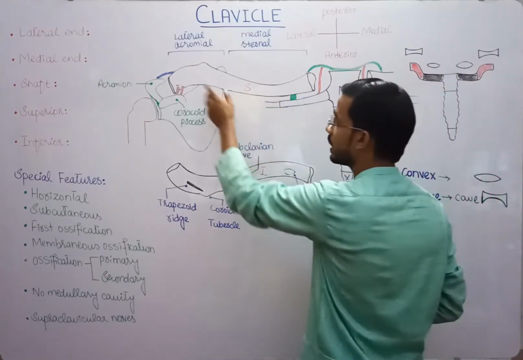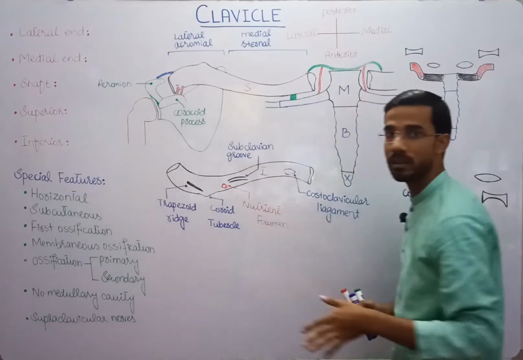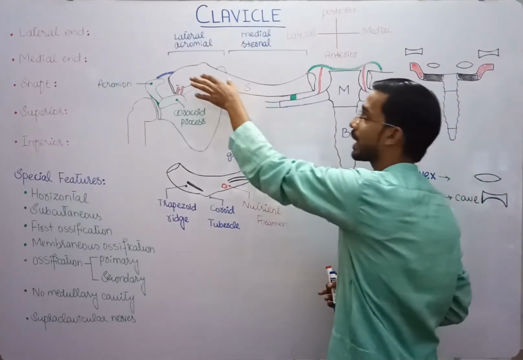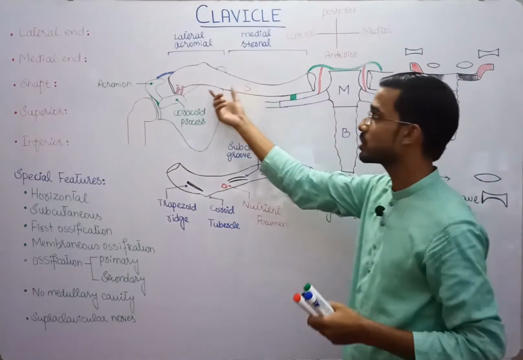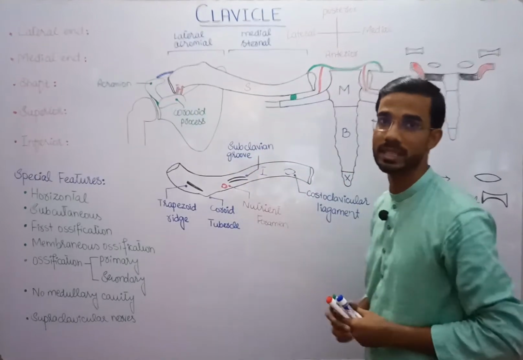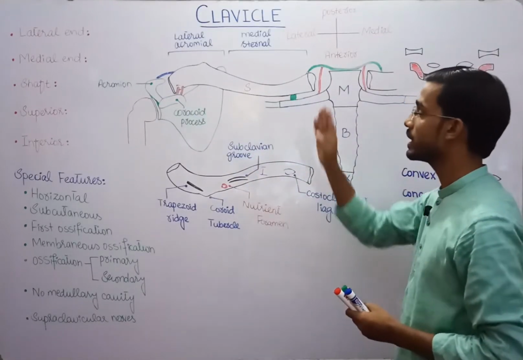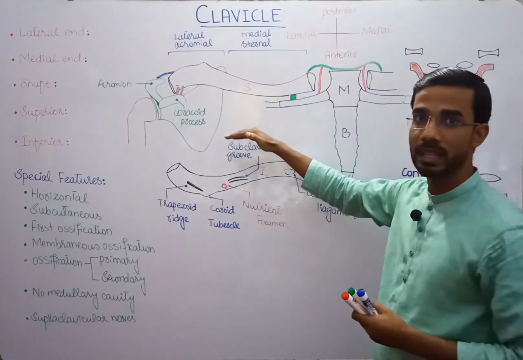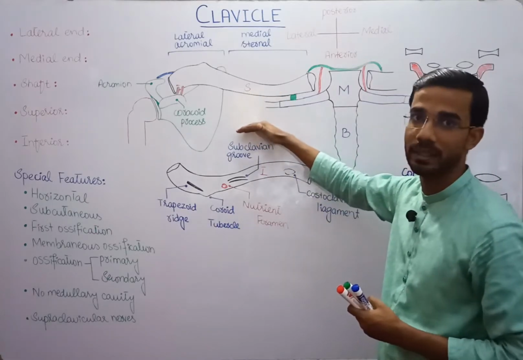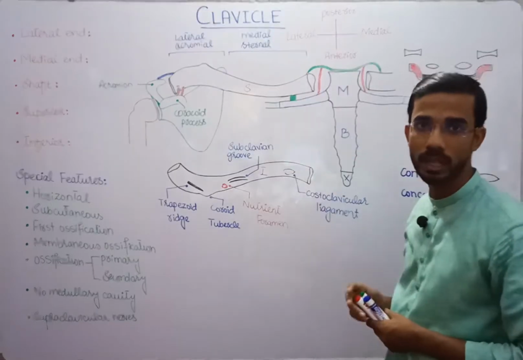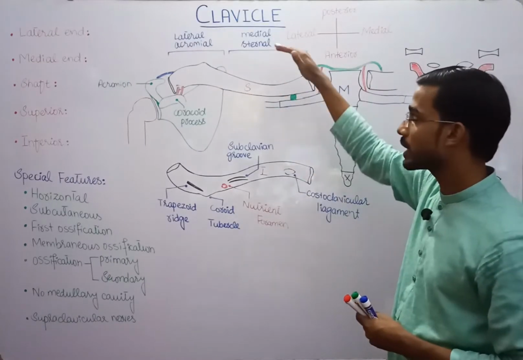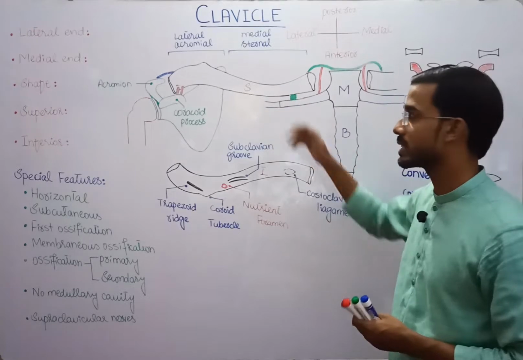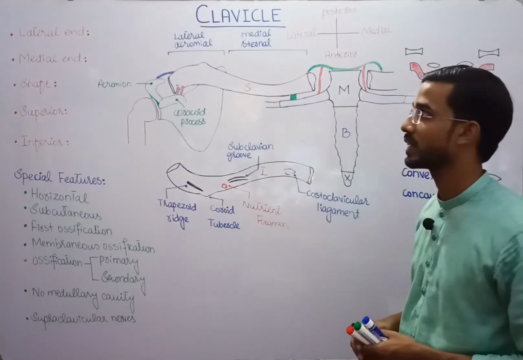And this portion is the lateral portion, also called the acromial process because it is towards the acromion of the scapula. This is the medial and lateral side. And the front side is the anterior side and the back is the posterior side. Upward is the superior side and downward is the inferior side.